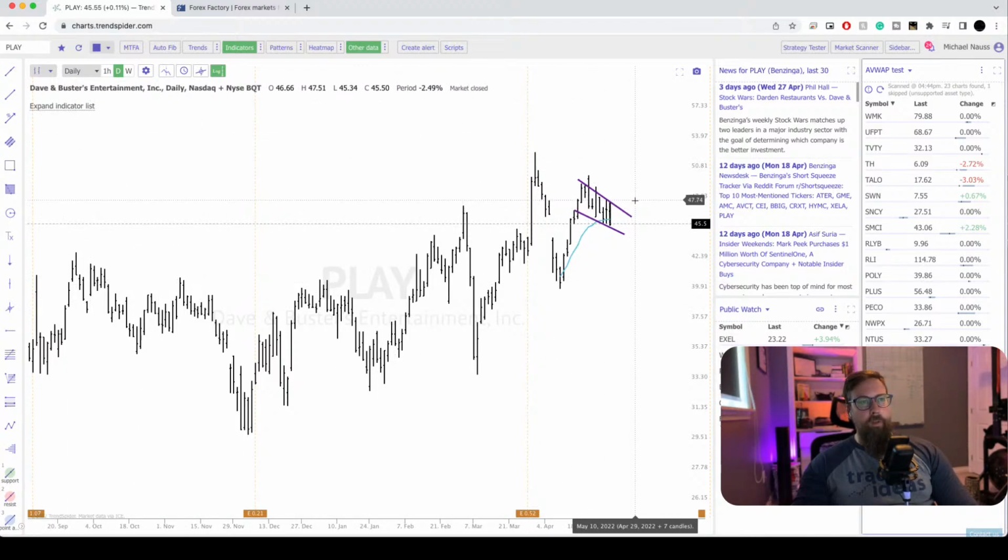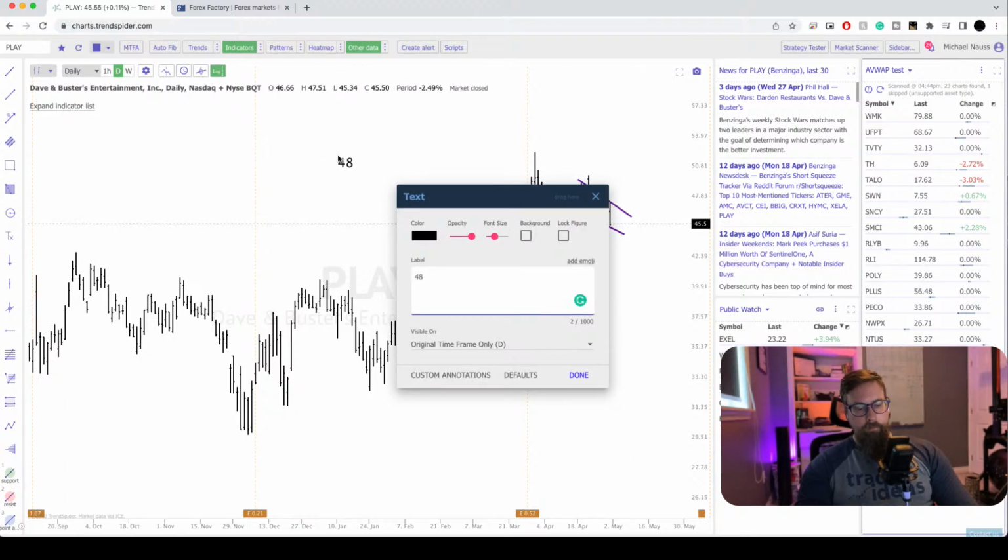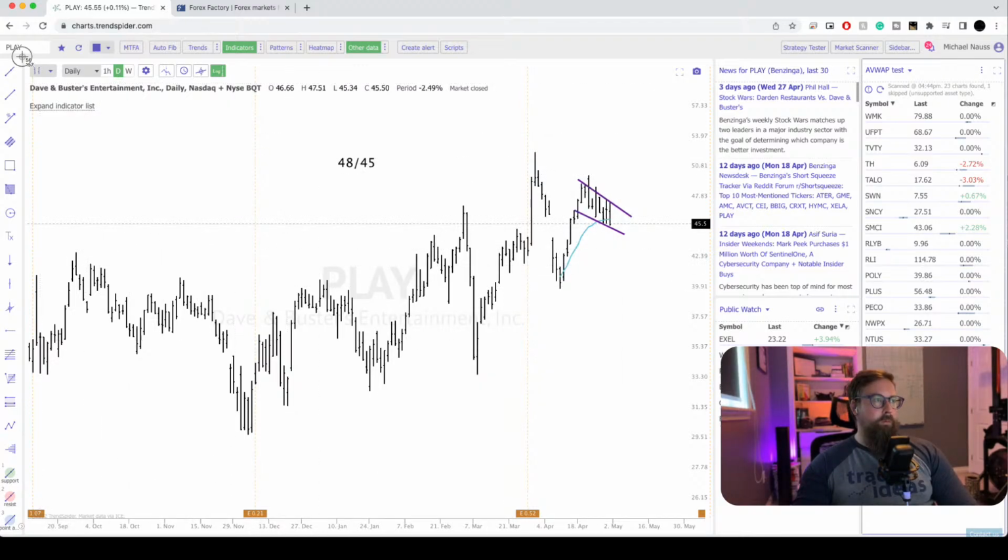So this would need to be a breakout of like 48 and 45. Play also has a 12% short float, which is really interesting.